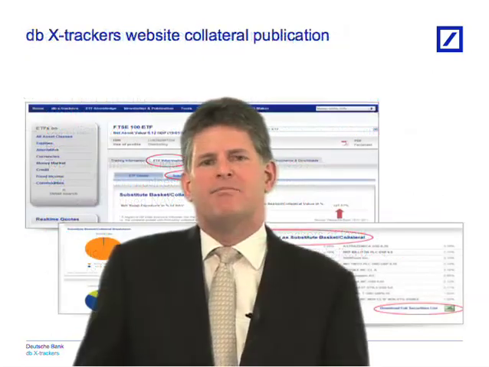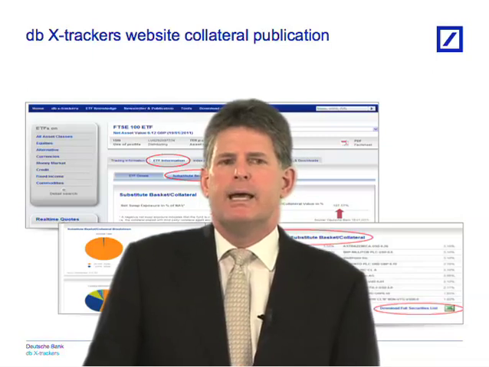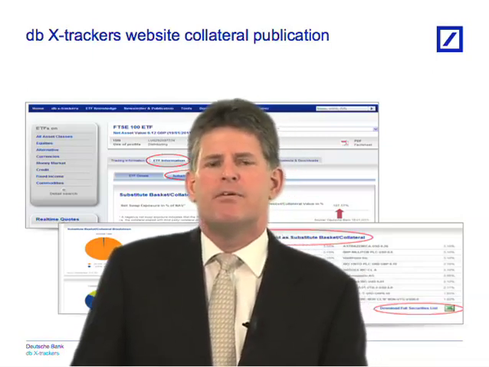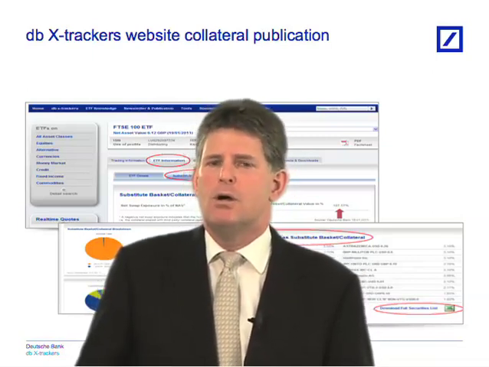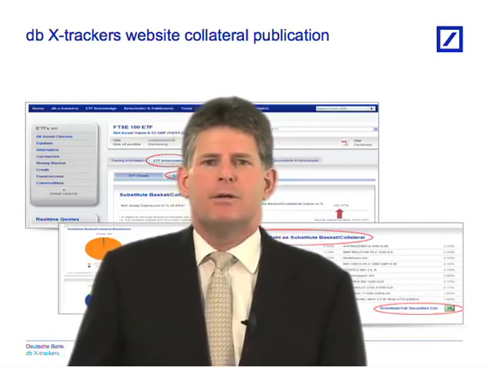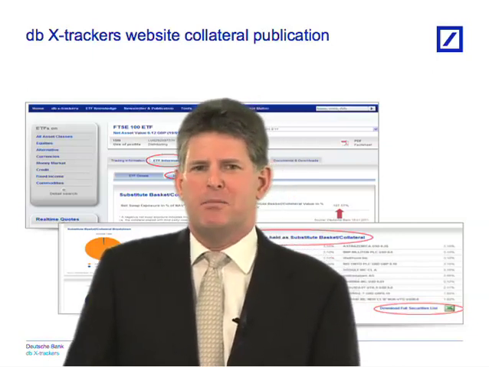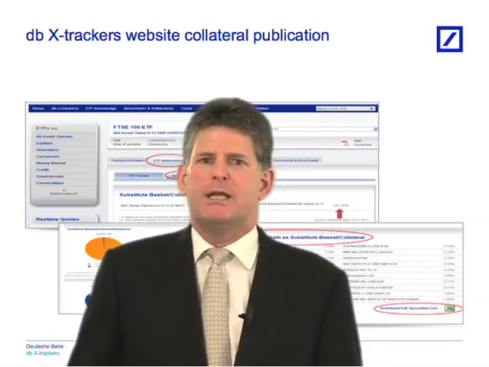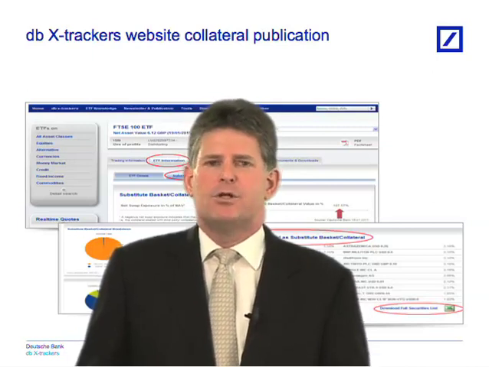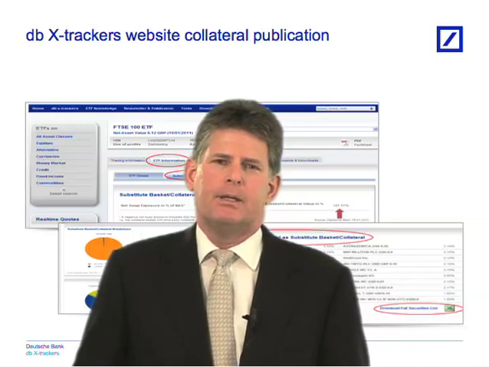Now, all ETF providers are very transparent in terms of publishing this information. We ourselves, including some other providers, post this information on our website, and you can look at any of our ETFs that utilize this structure, click on the appropriate tab on the performance and fund information, and you can actually see the underlying components in terms of the top 20 holdings, or indeed the entire list of collateral that's held.